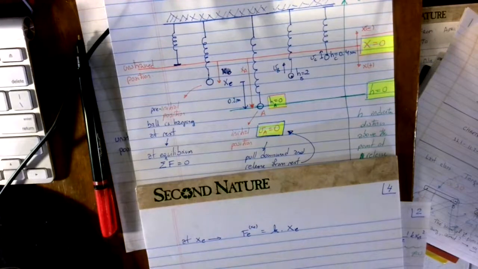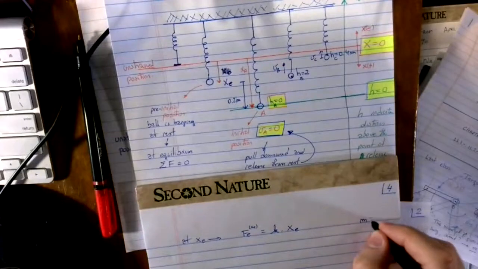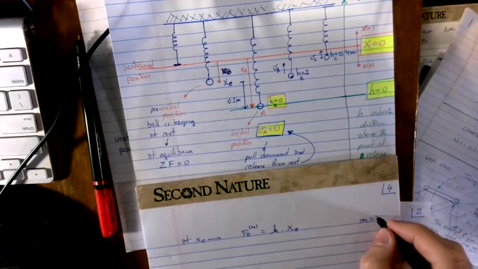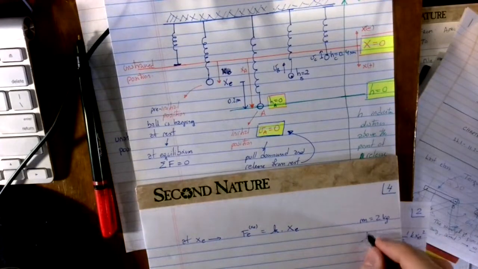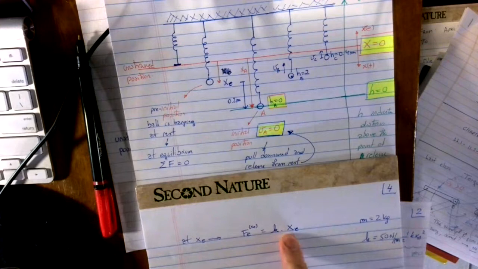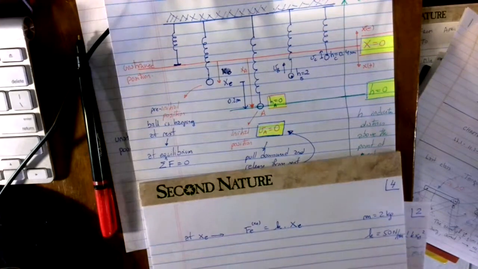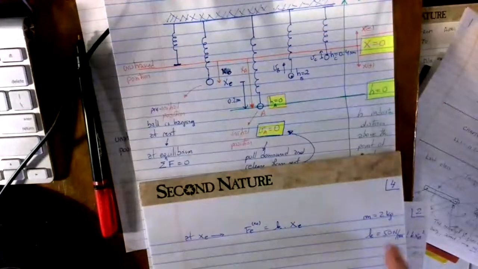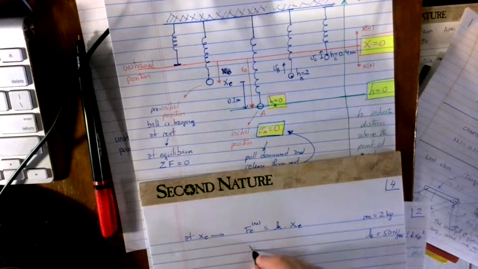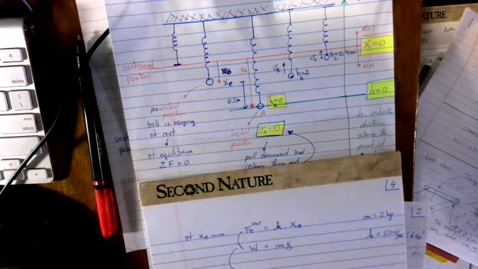Do we know the mass? Yes, exactly, we need to know the mass. The mass is 2 kilos. Not only that, we know K. K is 50 newtons per meter. Otherwise it would not be possible to solve this equation. So here we really need these. The weight is the mass times g, and these two have to be equal.